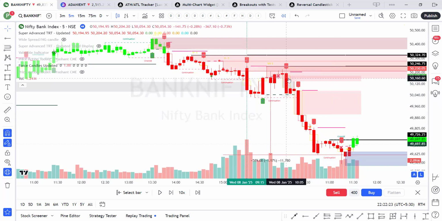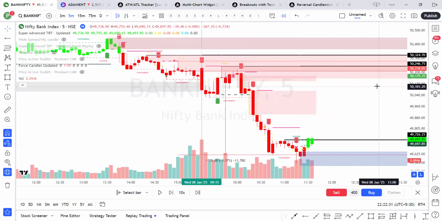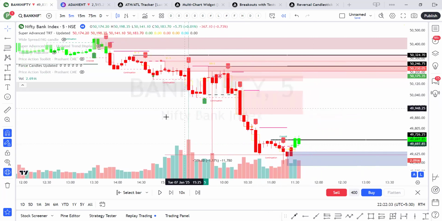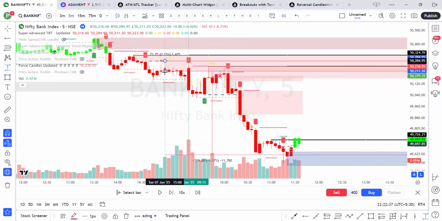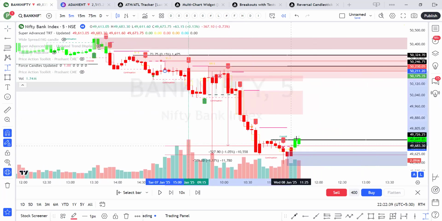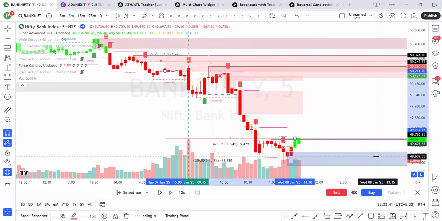Then again at around 1:30 in the afternoon, I entered again, feeling that the 75 minutes candles have broken the lows. So I again shorted. But then that is not favorable now, and I am waiting for tomorrow.